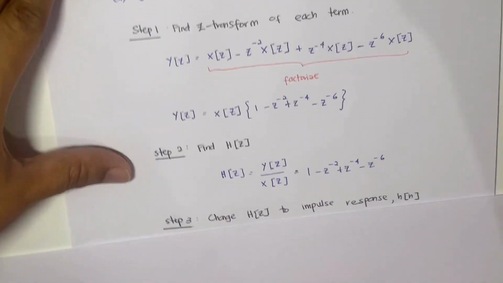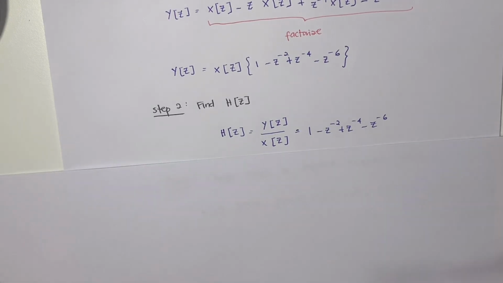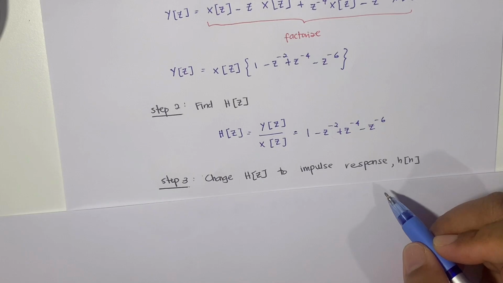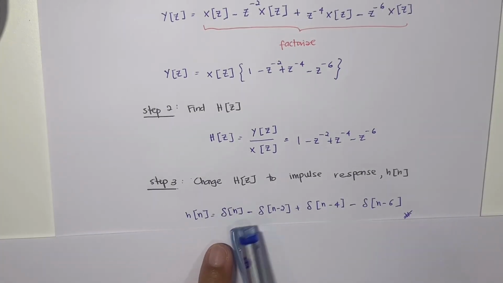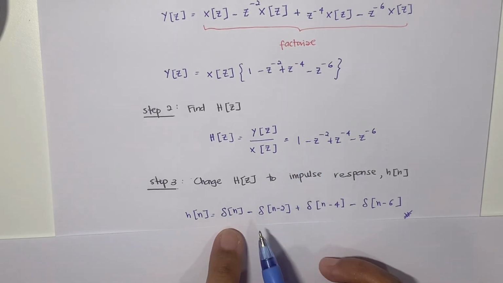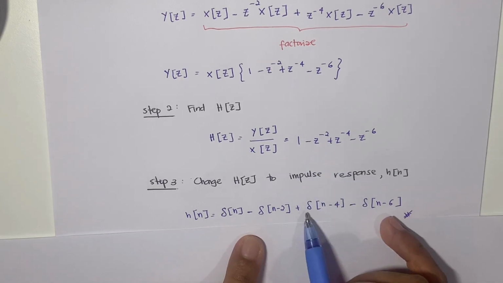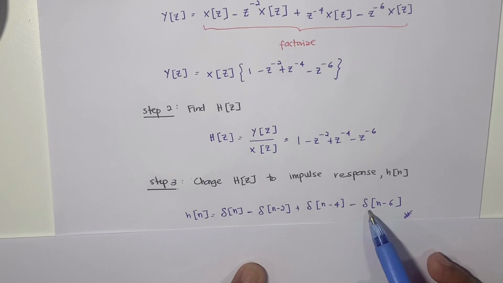Don't forget, if you refer to Z transform pairs tables, this hz, you can change it to impulse response like this. hn equal to impulse n equal to 1 minus impulse n minus 2 plus impulse n minus 4 minus impulse n minus 6.